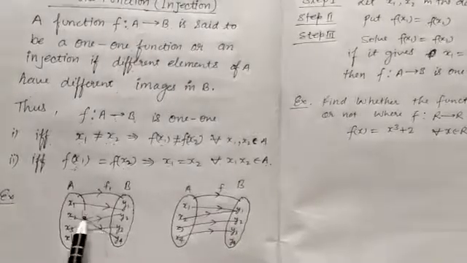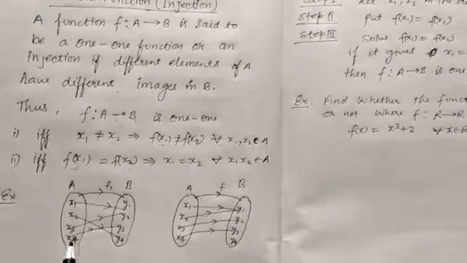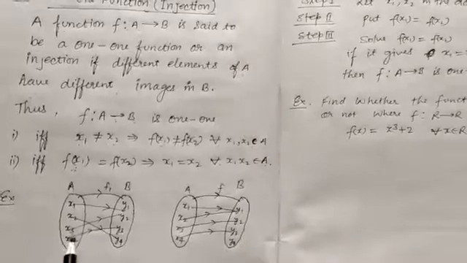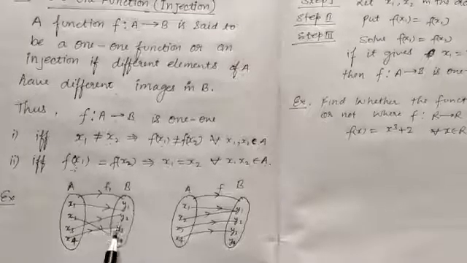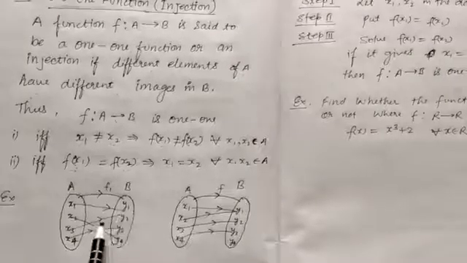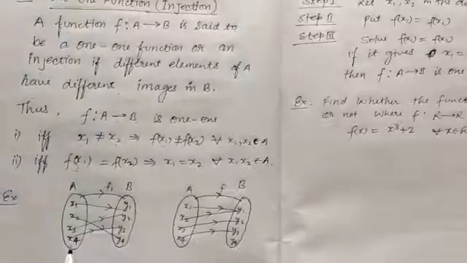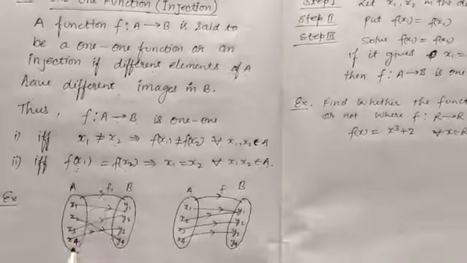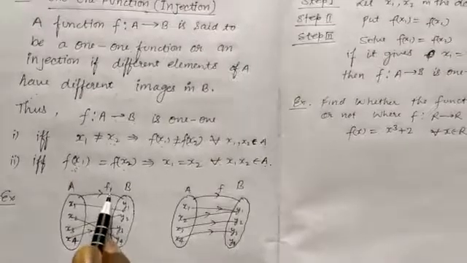Here different elements have different images. No elements have the same image in set B. In that case, you can see this function f1 is one-one.